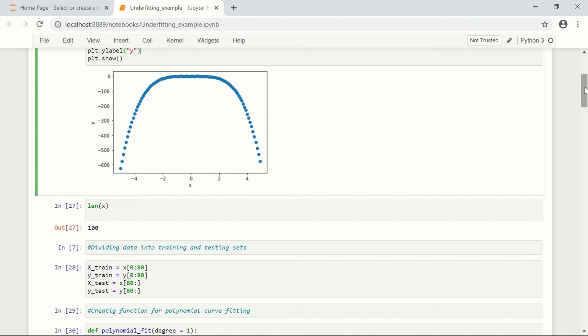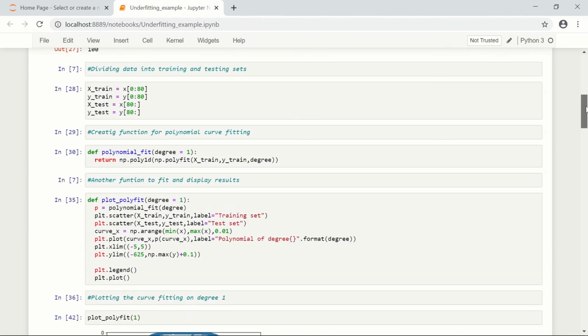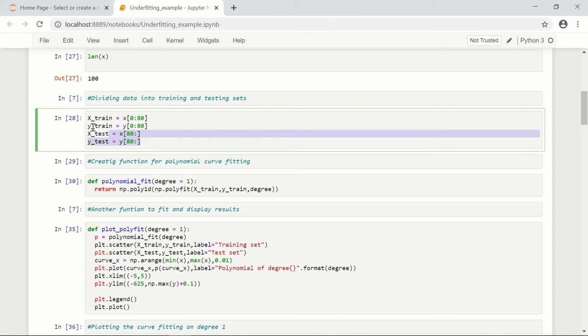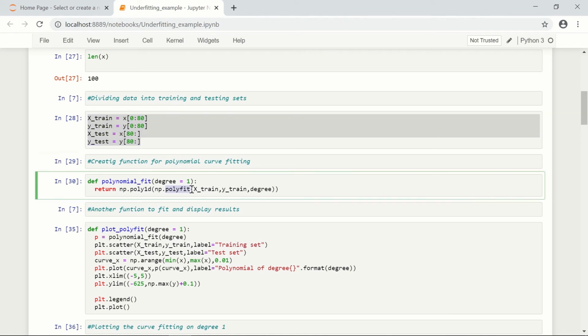We split the data into training and testing sets, here 80% for training and 20% for testing purposes. Then we choose polyfit, a function in NumPy which fits a polynomial on the data. Here we made a function to use it and to display the results.